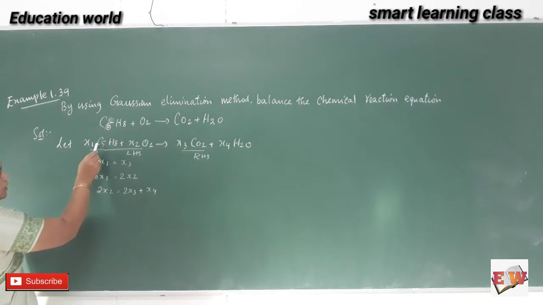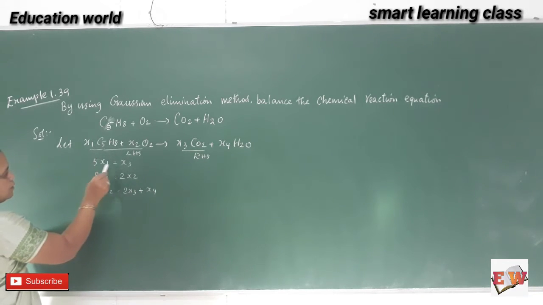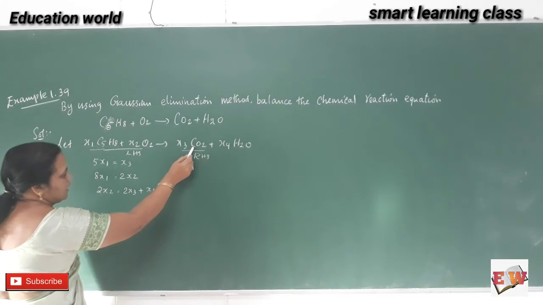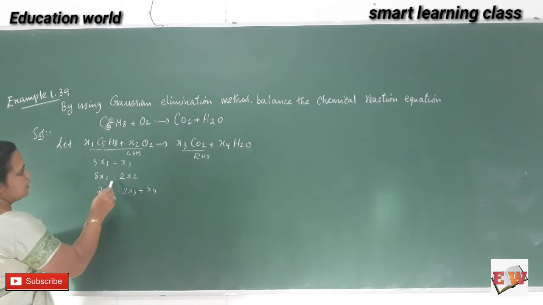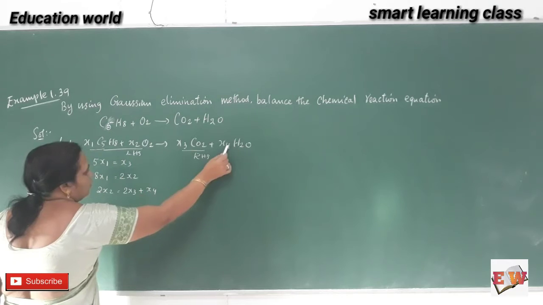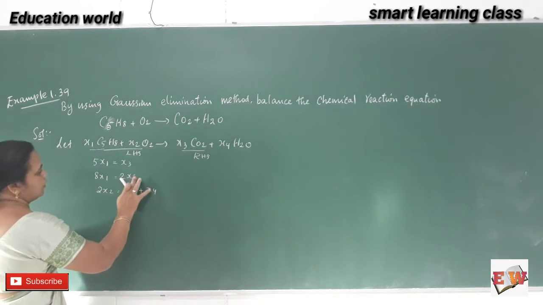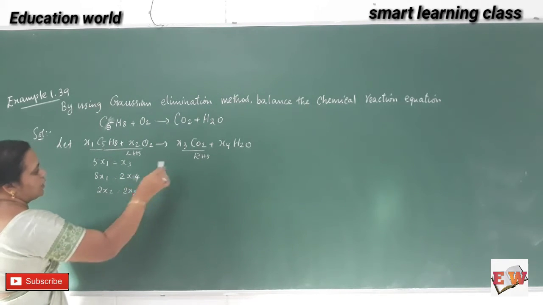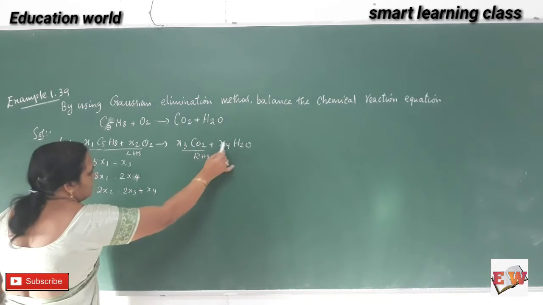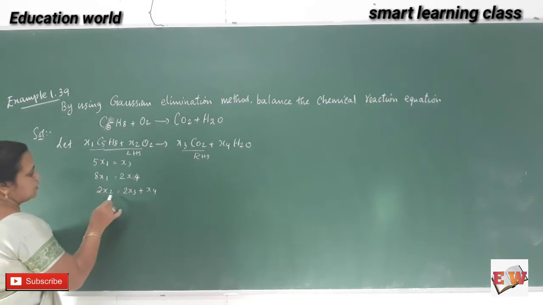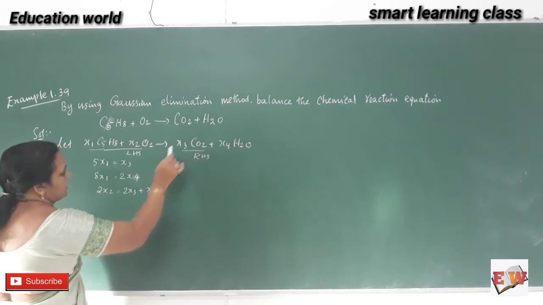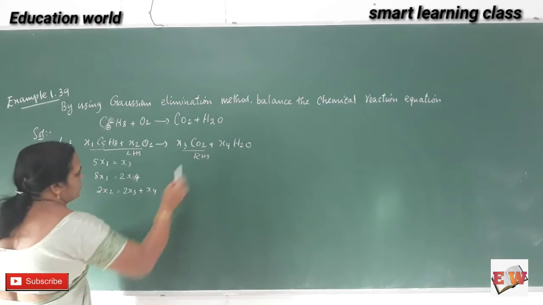See, 5x1 is equal to 1x3. Hydrogen: 8x1 is equal to 2x4, not x2, 2x4. Then oxygen: 2x2 is equal to 2x3 plus x4.